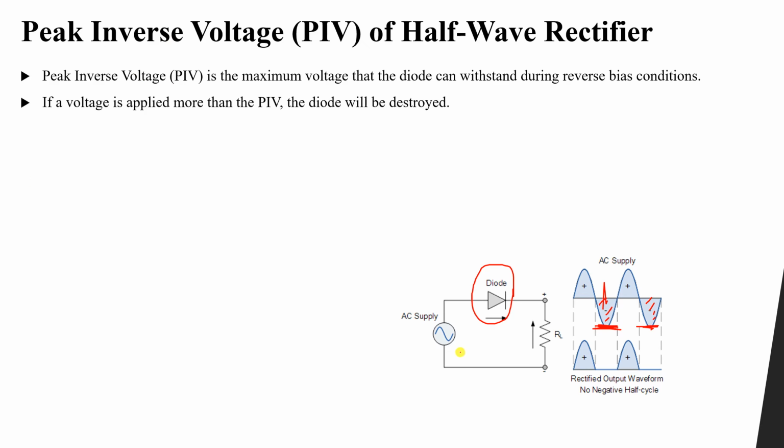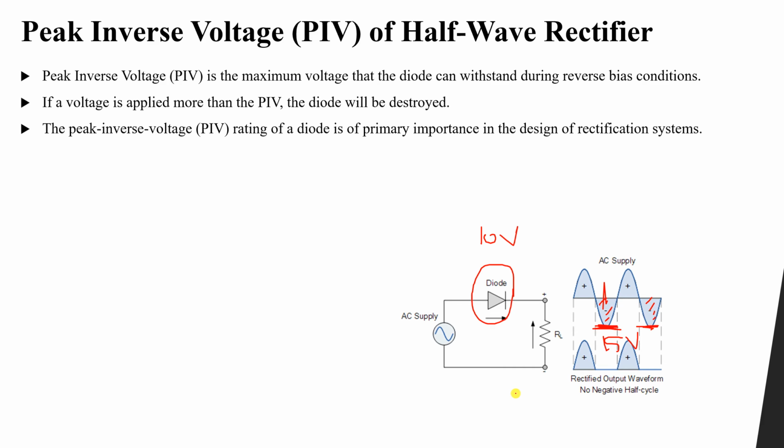Now the problem is that, let's say for example, this diode can withstand 10 volts in the reverse mode. If this value reaches 15 volts, the diode will be destroyed, because 15 volts is greater than the peak inverse voltage of the diode itself.